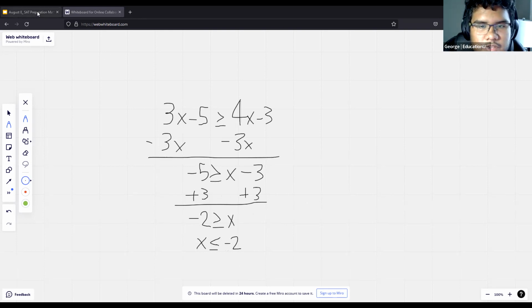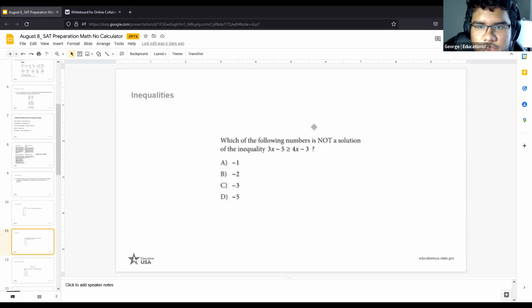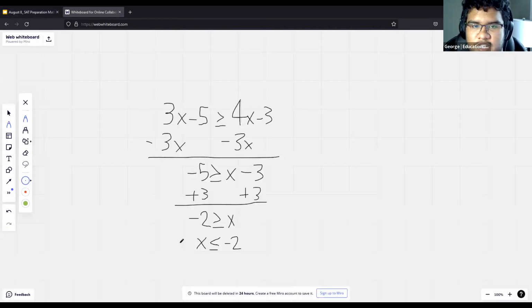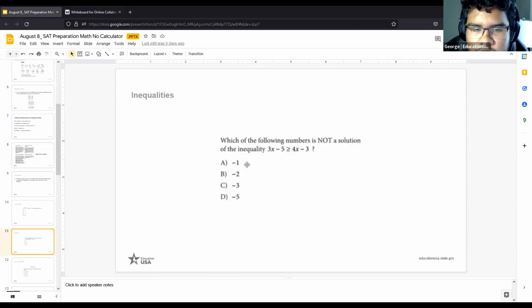So yeah, let's look at the answer choices we were given and see what's supposed to be the answer here. So let's take the answer -2 here. If we say that x is -2, we end up with -2 is less than or equal to -2, and that's correct. That is a solution of this inequality, but that's not what the question is asking for.